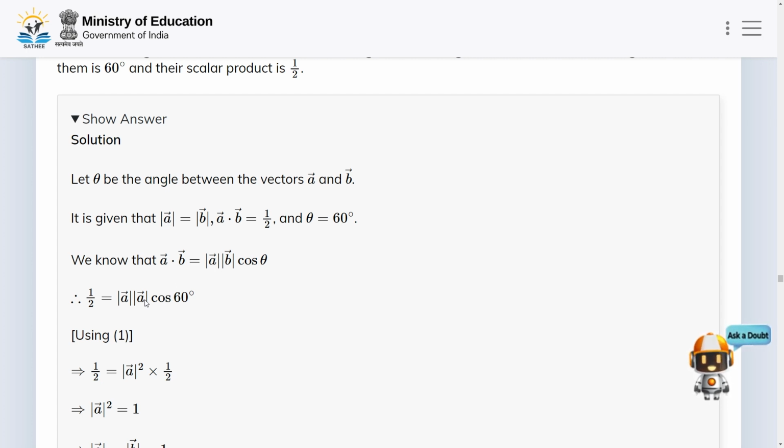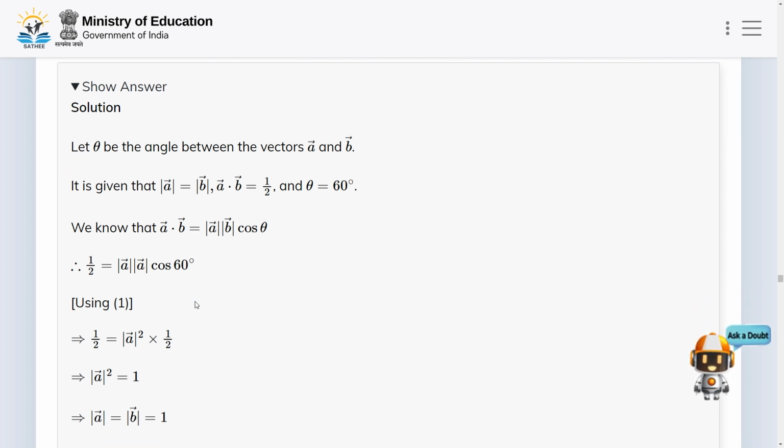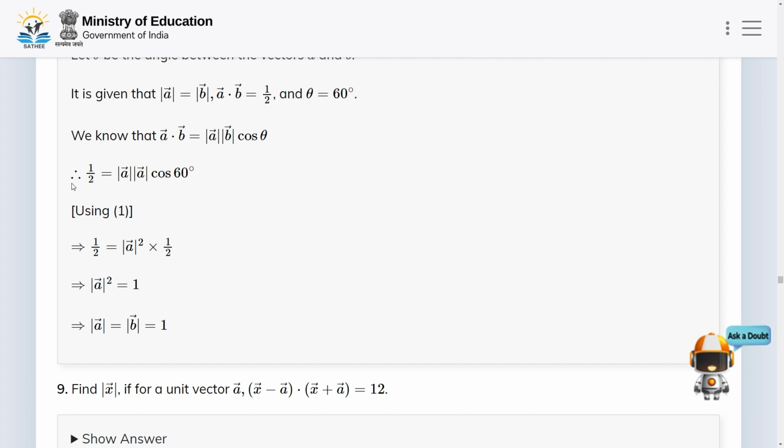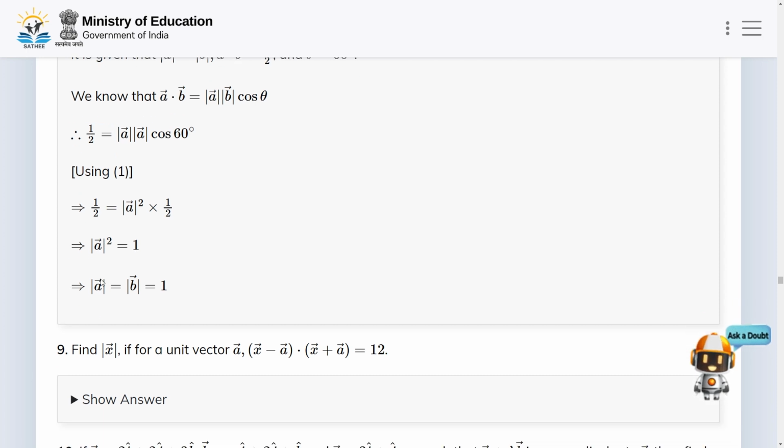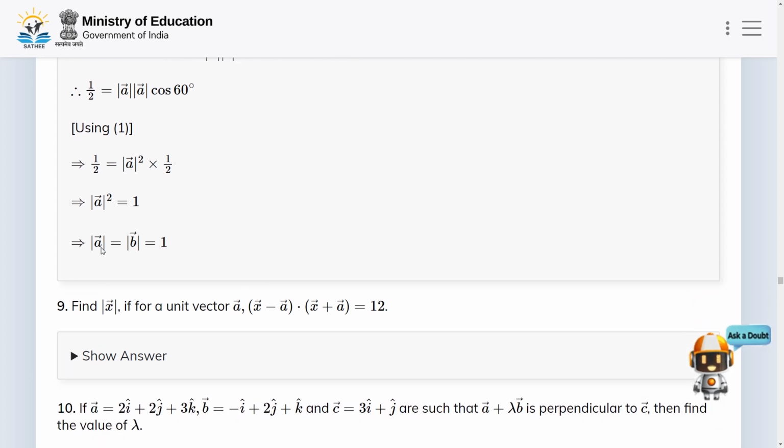Theta is 60, this means cos 60, which is just half. So you will have the square of the magnitude of A equal to 1. This means the magnitude of A must be 1, and then the magnitude of B is also going to be 1. Okay? I hope it is clear.